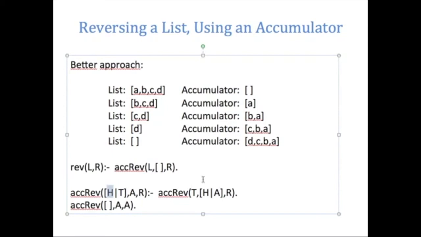And we call acc_rev. Well, there's a new head. We'll put that as the new head in the accumulator and try to reverse T, and so forth, the new T, and so forth.